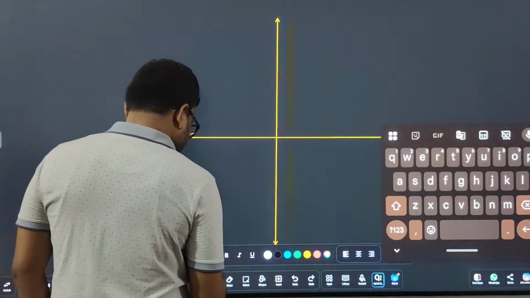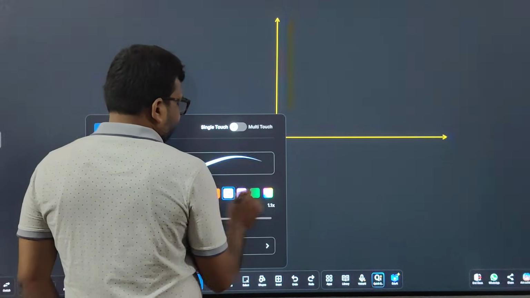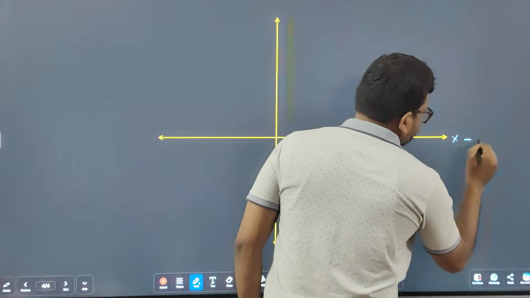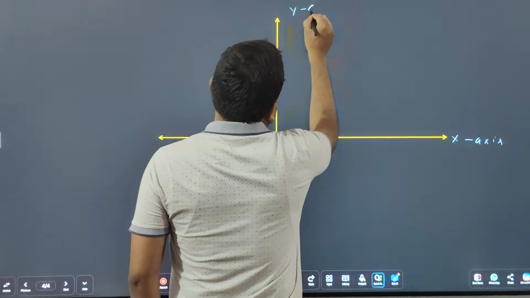This is the x-axis, and this is the y-axis.